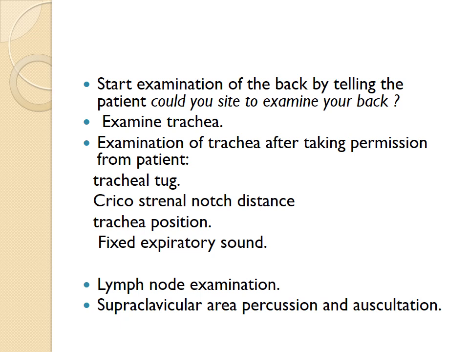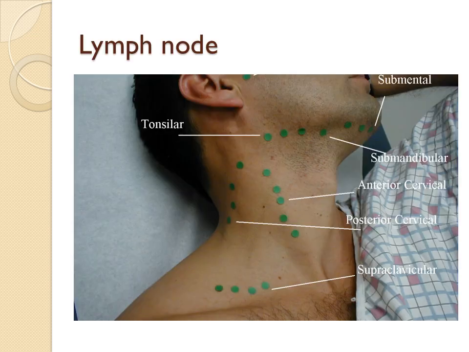I will check posterior auricular lymph nodes and posterior cervical lymph nodes and also supraclavicular lymph nodes. Some doctors postpone the supraclavicular area for percussion and auscultation when he examines the back. This is the distribution of the lymph nodes.